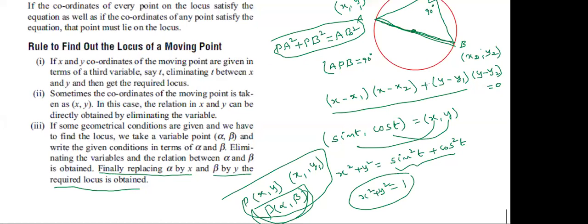Okay, students. What is the locus definition? The set of all points satisfying a given condition or given property is called the locus of a curve. That's enough, and the rules you also know very well. Okay. Right. This is the concept of locus.